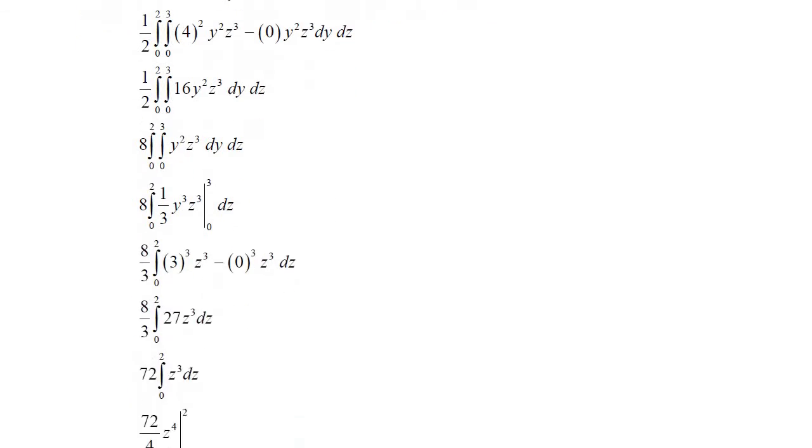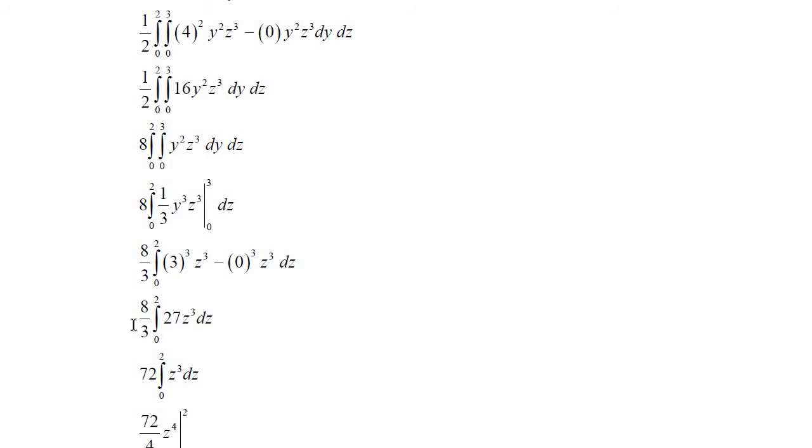So integrating with respect to y, add 1 to my exponent, divide by my new exponent. So that gives me 1/3 y to the 3rd power, going from 0 to 3. Pulling my 1/3 out, that makes this 8/3, and then plugging in my endpoints. So that gives me 3 cubed times z cubed minus 0 cubed times z cubed, which ends up giving me 27 z to the 3rd power dz, with an 8/3 out in front.